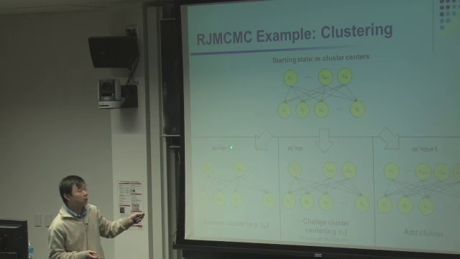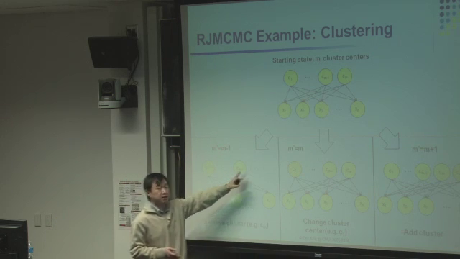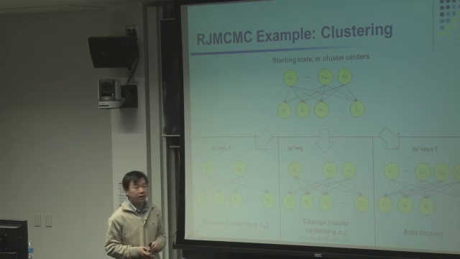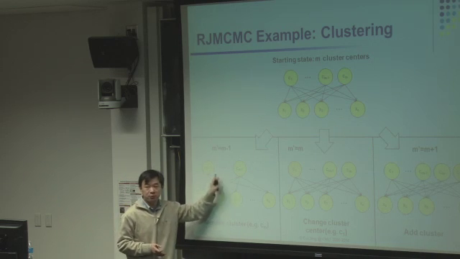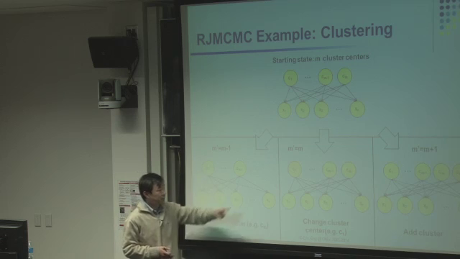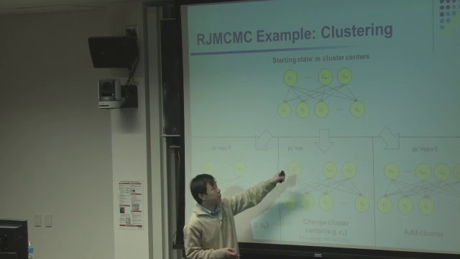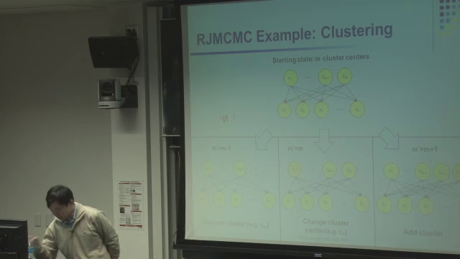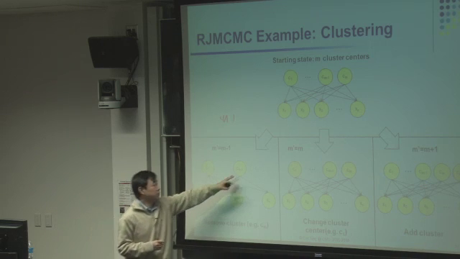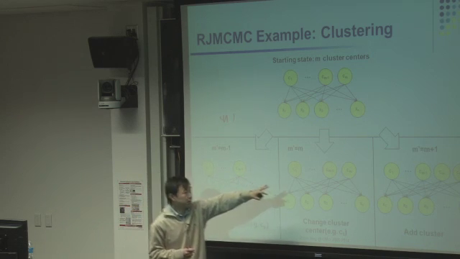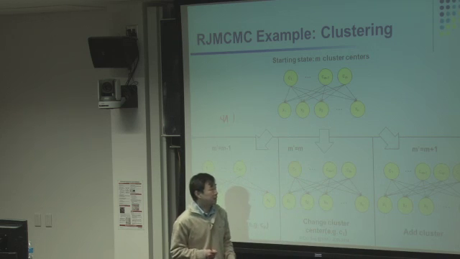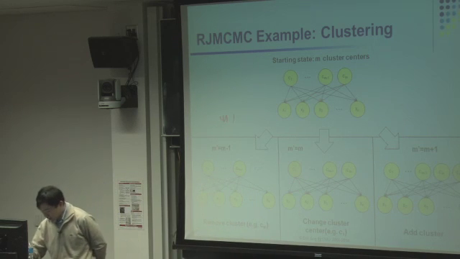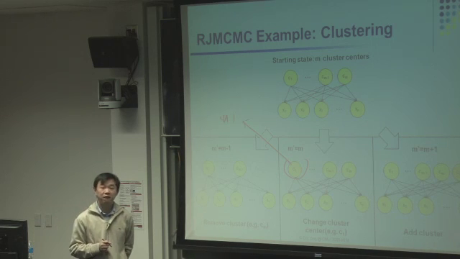If I choose to go to M minus 1, I'm going to just kill one cluster and reassign every X to the remaining clusters. And if I have the same, then I'm going to still use that. By the way, there's always this mu, so the mu here won't be used. In here, I'm going to keep it. Then I'm going to draw a random sample, this guy, and make that take this new value of mu.